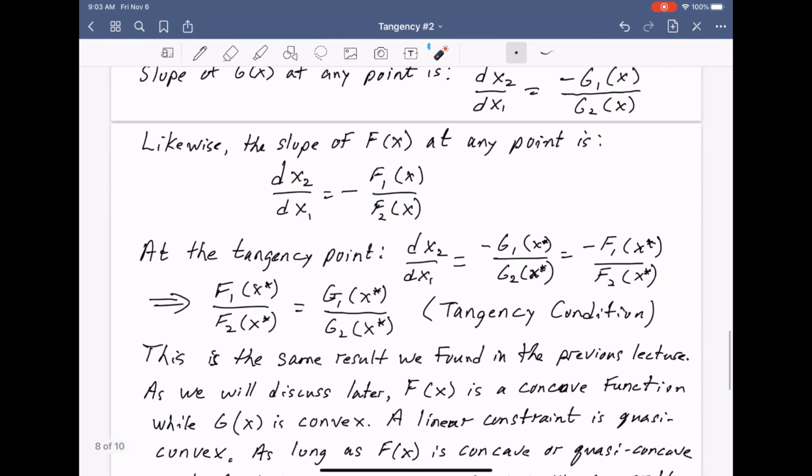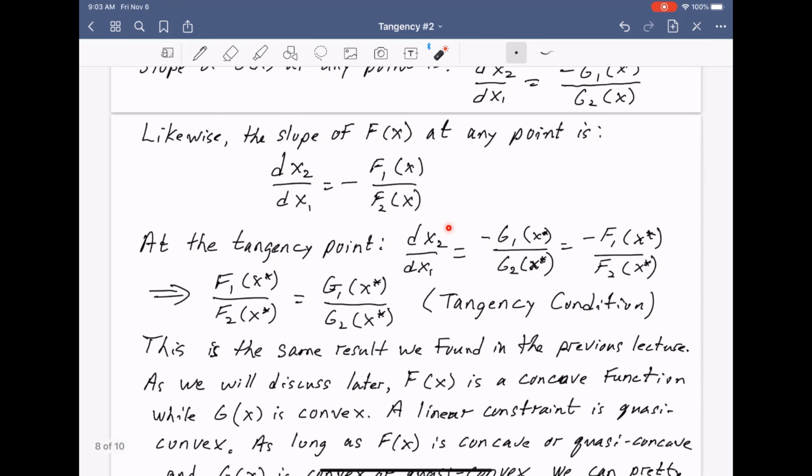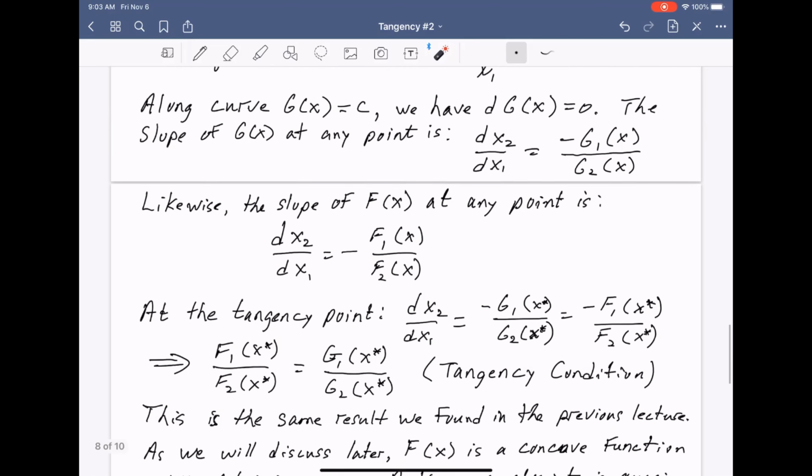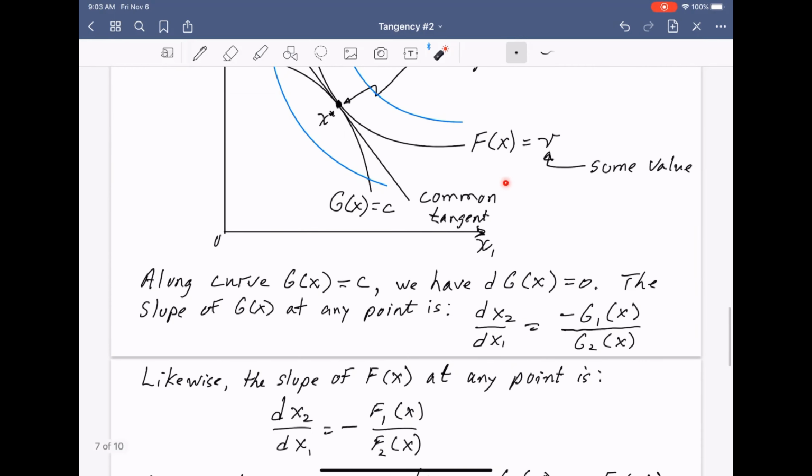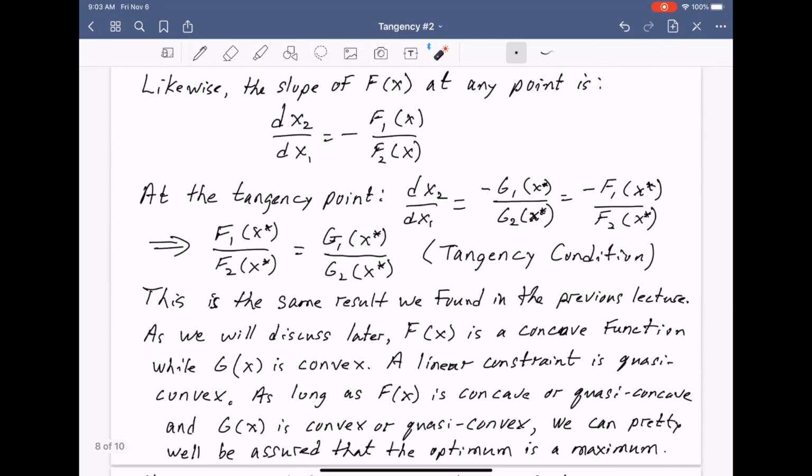At the tangency point, then, the slope of g and the slope of f have to be equal to each other and equal to the slope of this common tangent here. All right, and in that case we get this equality where the negative of g1 over g2 is equal to the negative of f1 over f2.